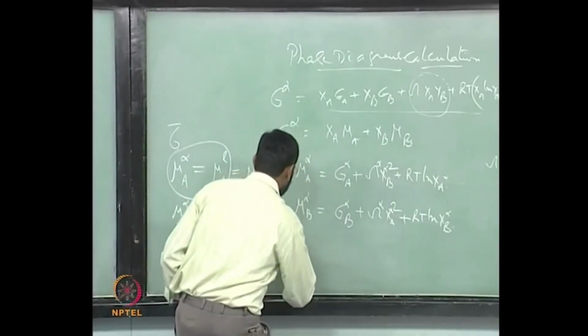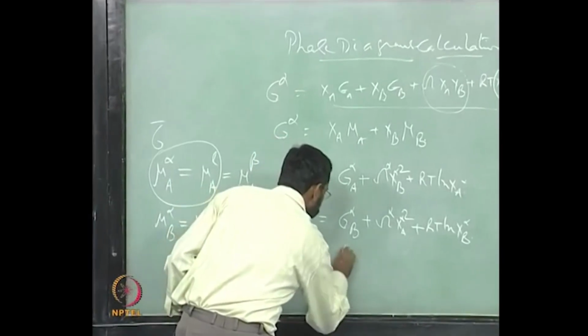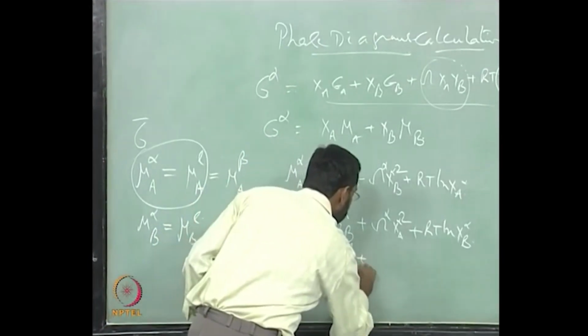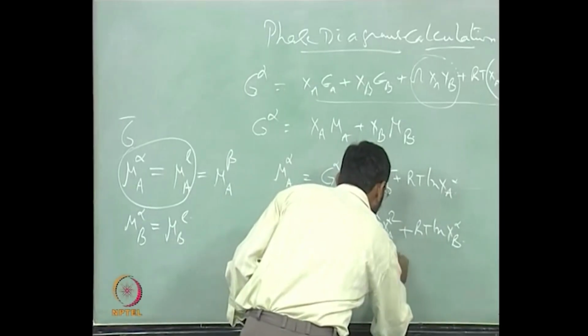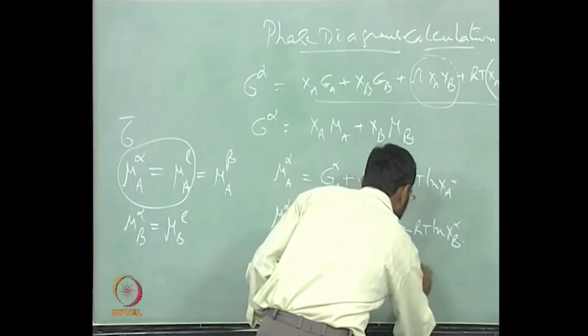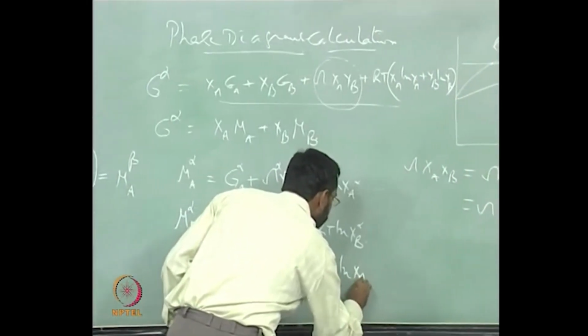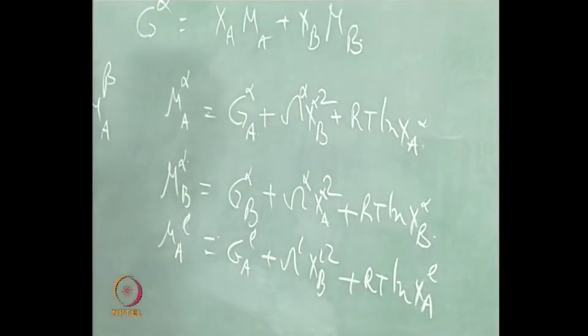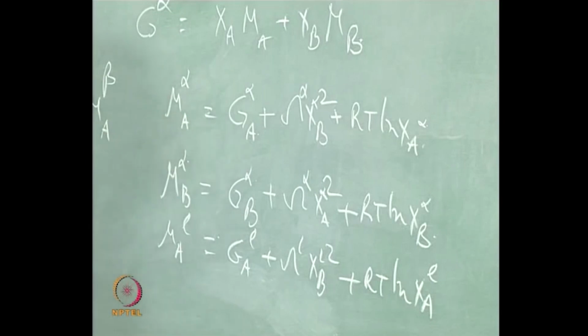For example, if I simply say mu A liquid is equal to GA liquid plus omega liquid into XB square liquid plus RT ln XA liquid, once you equate this to this, what are the things that I need to know? What is it that I actually want to find out?